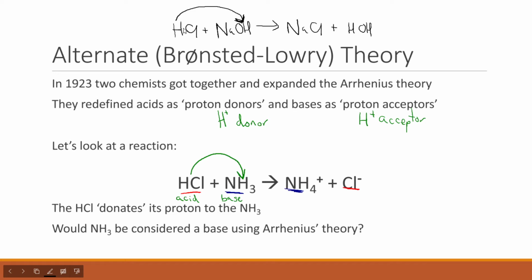It just expands the definition a little so that something without OH can still be considered a base. In this case, HCl makes the H+, it gives away the H. The OH- is the thing that accepts the H+, making it the base. So we haven't actually changed the definition of acid or the definition of base.